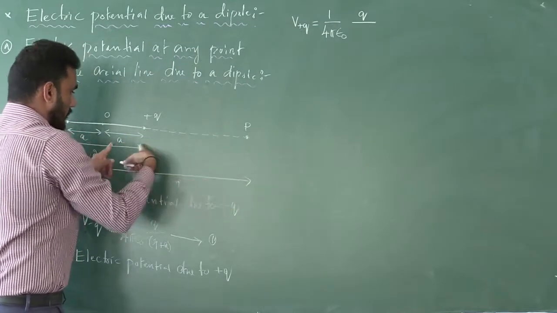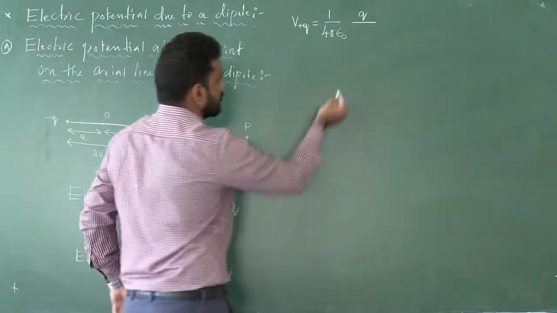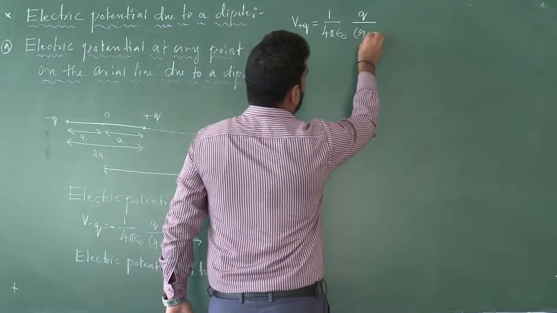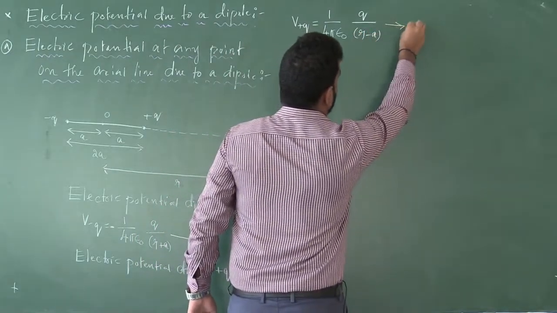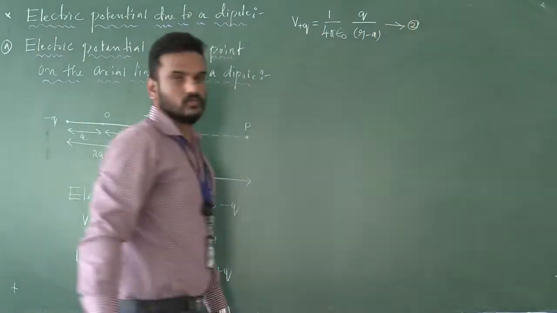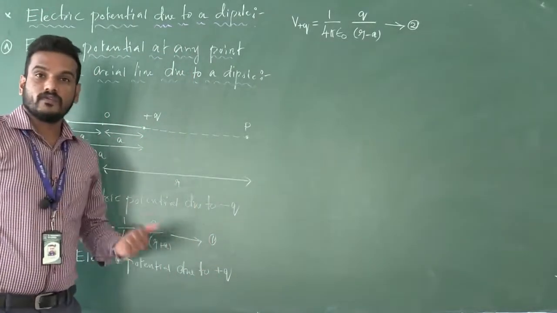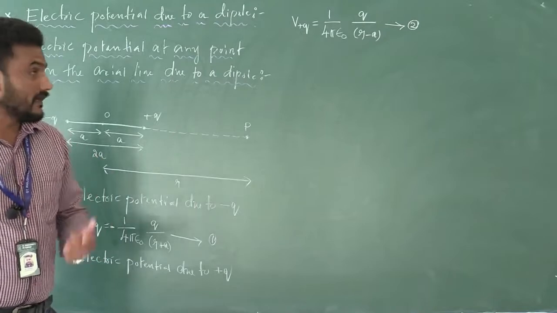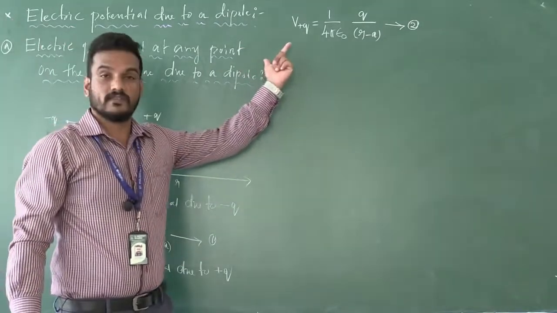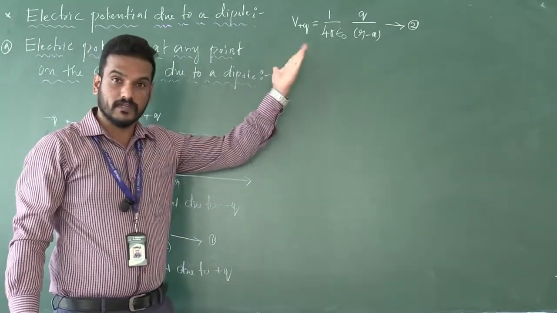That is equation number 2. V minus Q is the electric potential due to the negative charge, and V plus Q is the electric potential due to the positive charge.